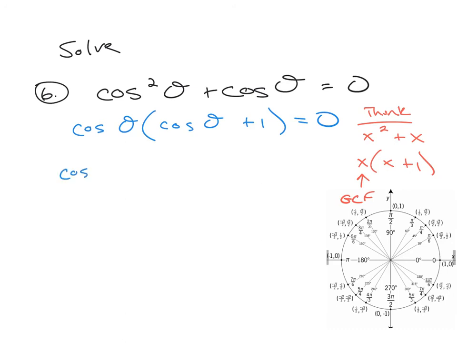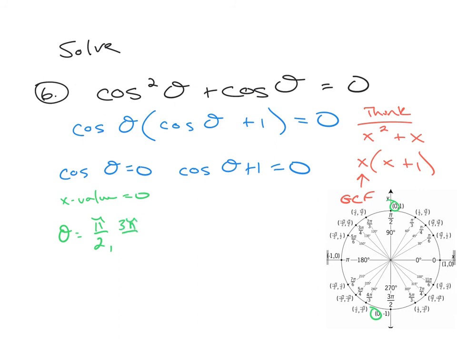We can set each of these equal to 0 and solve. So in the first one, when does the x value equal 0 on the unit circle? The x value is 0 at two different locations, at pi over 2 and 3 pi over 2.